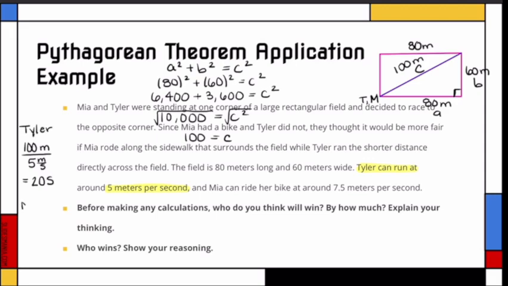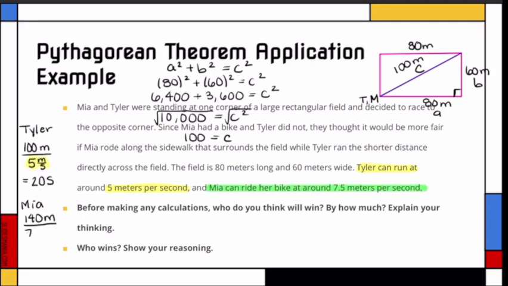So this is Tyler. And now Mia, she has to ride not 100, but she has to ride 80 plus 60 meters. So we're going to add 80 plus 60. Mia has to ride 140 meters, and she rides at 7.5 meters per second.